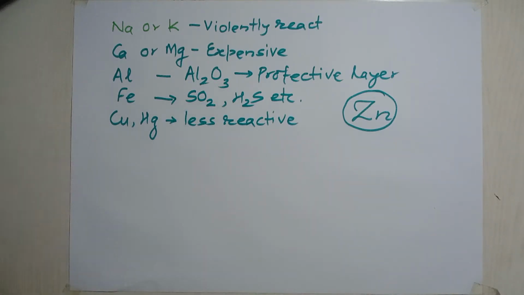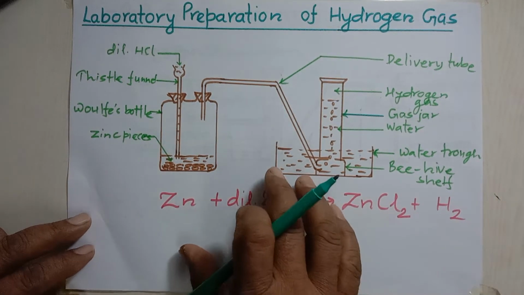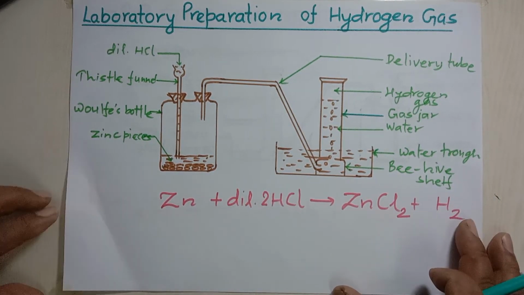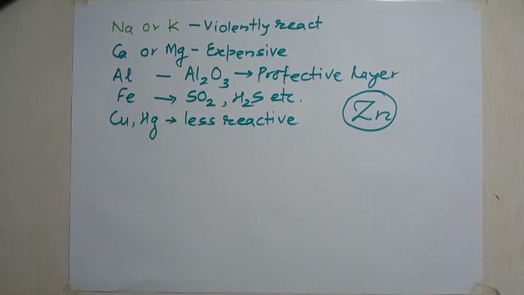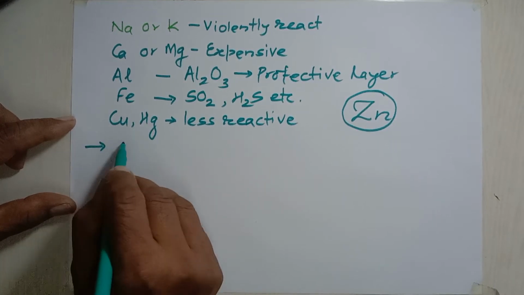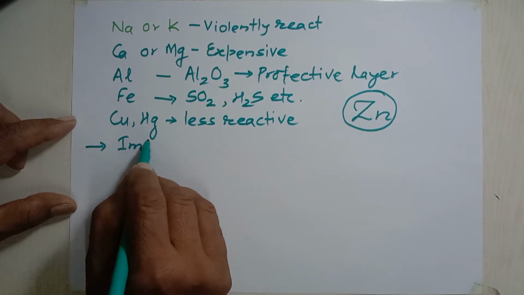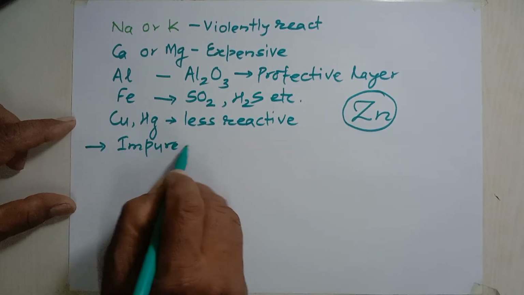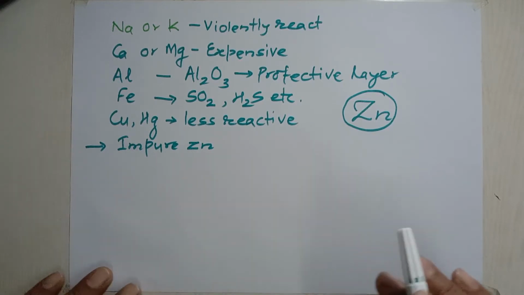While making this hydrogen gas in laboratory, we have to take some precautions also. Now I want to say some precautions while making this gas in laboratory. Number one, we have to take care that impure zinc should be used, otherwise the reaction doesn't take place at a proper rate.